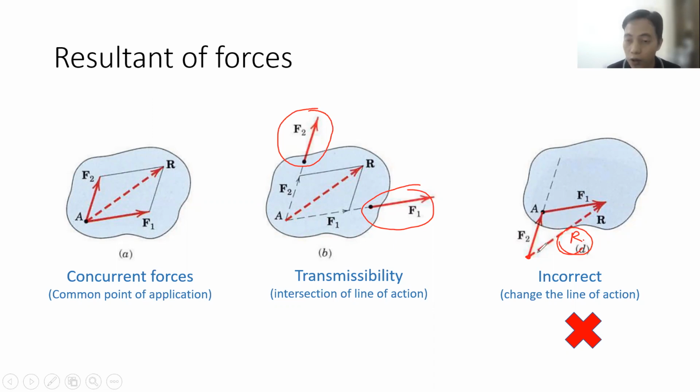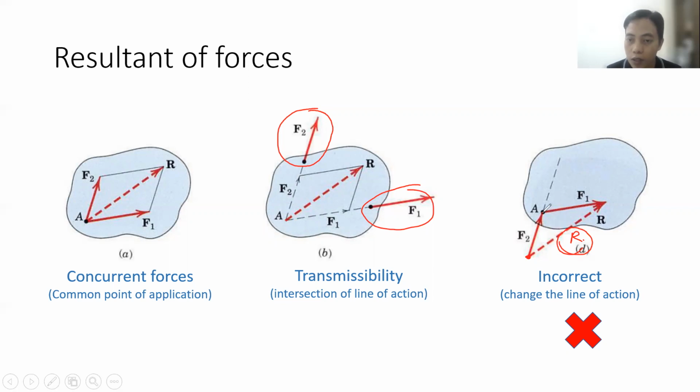This is wrong because it can change the movement of the body. It can create a moment here. So this is the incorrect method to obtain the resultant.